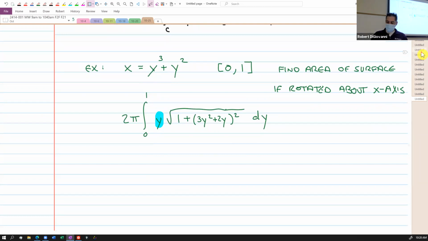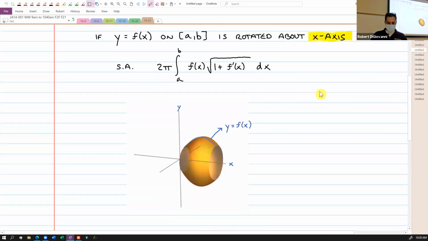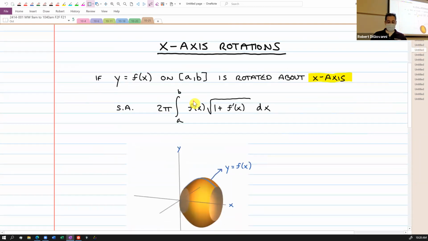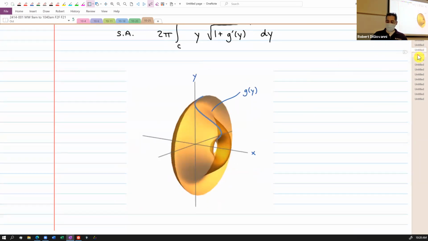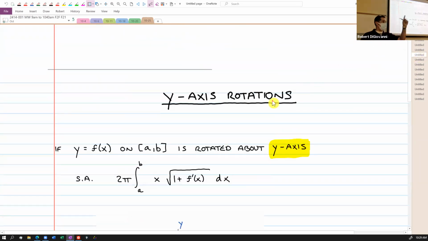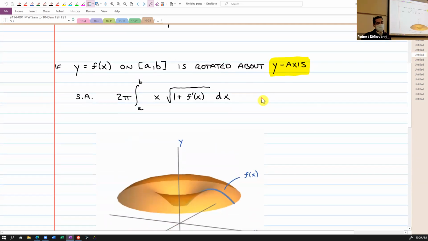Now the other formulas, see, these are for rotating around the x-axis. There's 2 formulas. If we go around the y-axis, then if you have a function of x about the y-axis, look at the formula. It's just like the one we did just a second ago with the y.